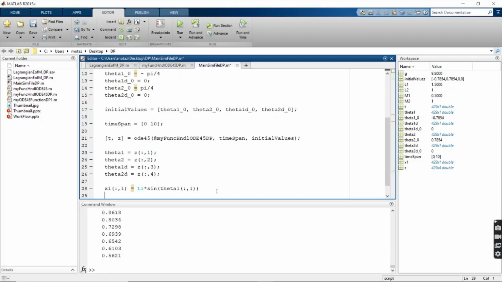So there's your x value, and now y1 is going to be the cos theta.